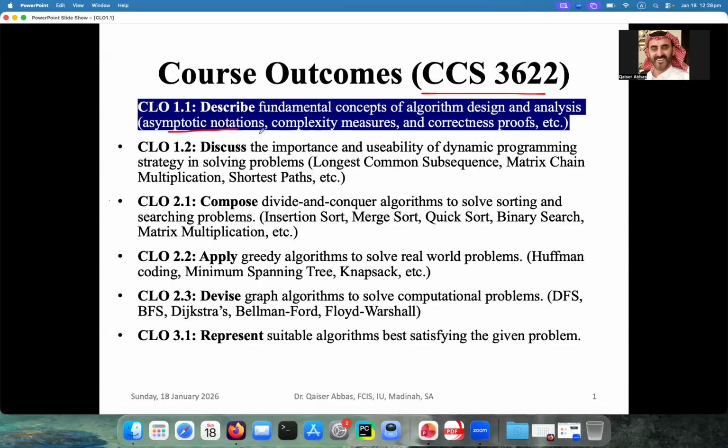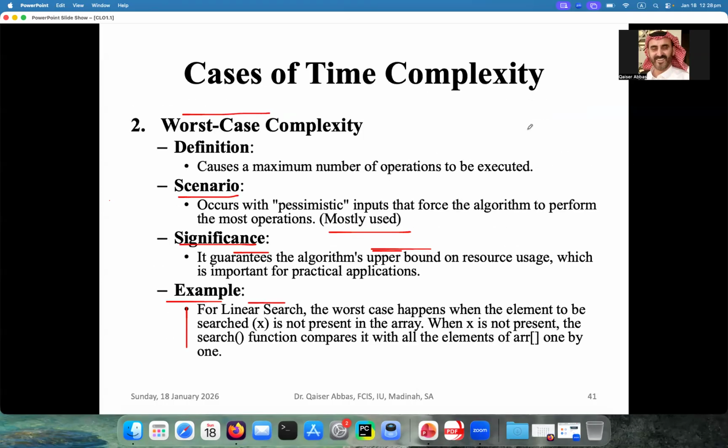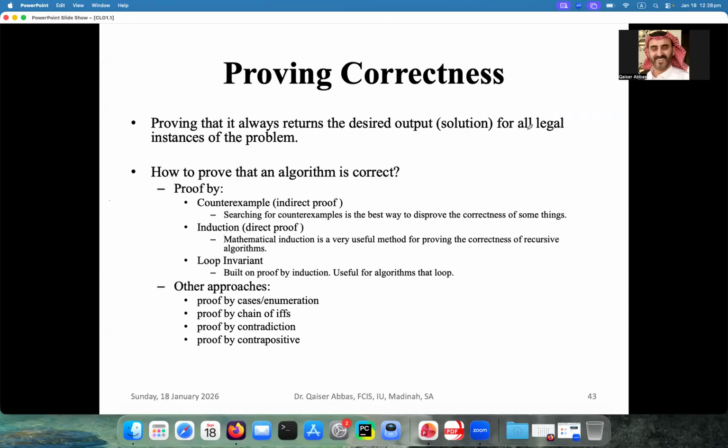Complexity measures, time complexity and space complexity, we are finished with those too. And now correctness proofs; we are here now.